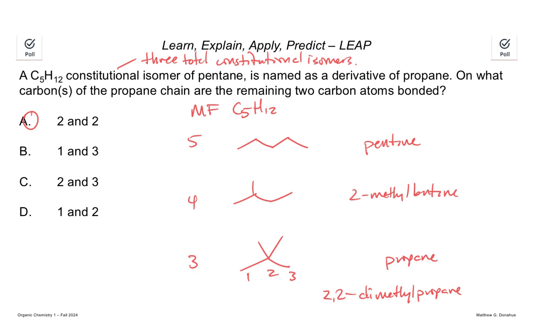So how many unique type of carbon does 2,2-dimethyl propane have? Heard some 3s. I heard a 2. It's going to be 2.